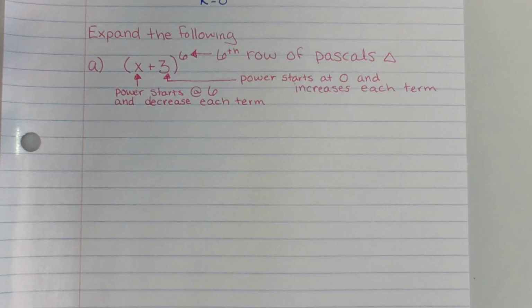Let's do the actual expansion. General pattern that I follow: Pascal's number, first term, second term, plus. Pascal's triangle, first term, second term, plus. You get the picture? Okay.